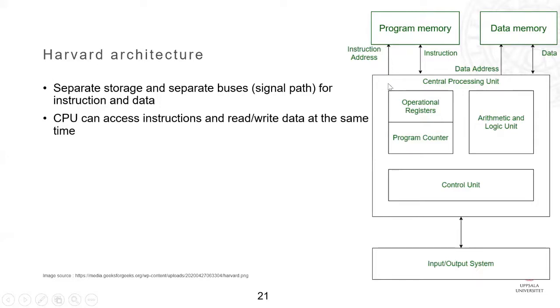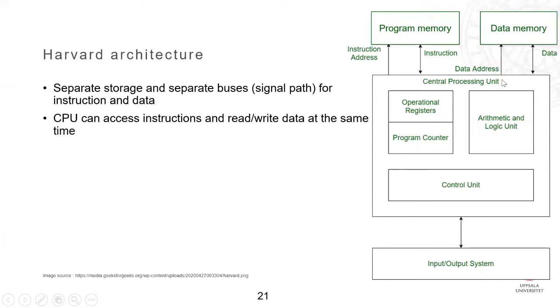And we have two other buses that give the address of the thing that needs to be read from the memory, because the memory in a computer has many small places and all of them have a unique address. So first there is a bus that says, okay, what is the address of the instruction that you want to read, for example? And then there is another bus that carries the instruction and delivers it to the CPU.